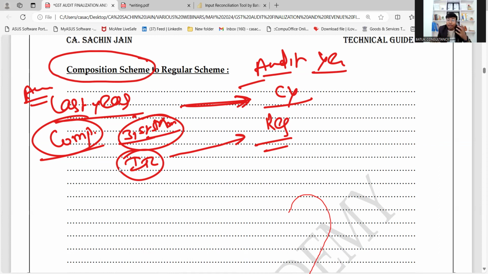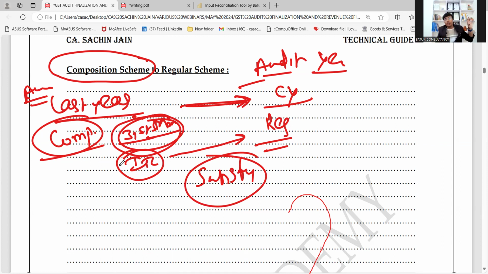So now my point is that for the input that person has claimed, you just need to satisfy yourself that this input is correct on the goods held in stock. For that purpose, how are you going to verify?